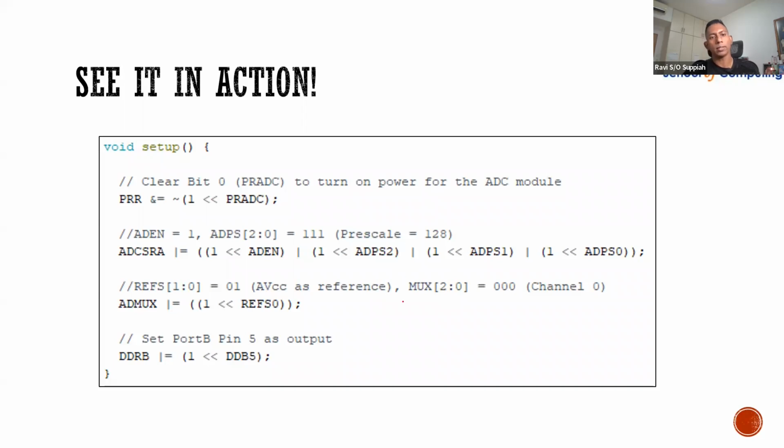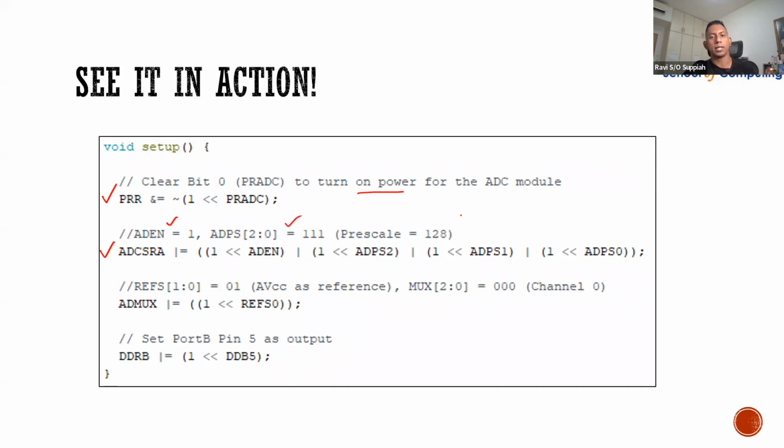So this is the code. Let me run through the code with you. In this first line, we are turning on the power for the ADC module by making sure that the ADC bit is cleared to 0. In the second line, the ADCSRA, we perform the following configuration. First, we enable the A to D module.